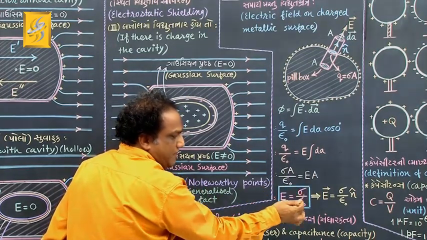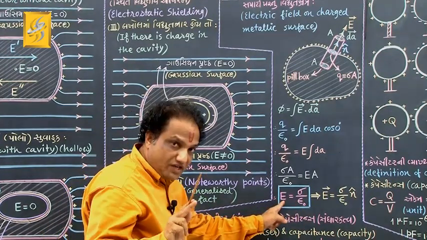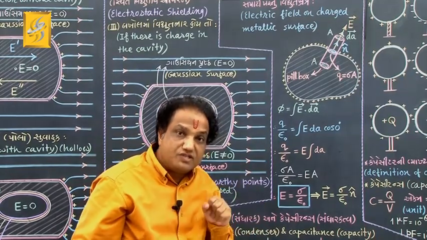E equals sigma upon epsilon 0. Correct? So this gives you the magnitude of electric field at any point on the charged metallic surface.